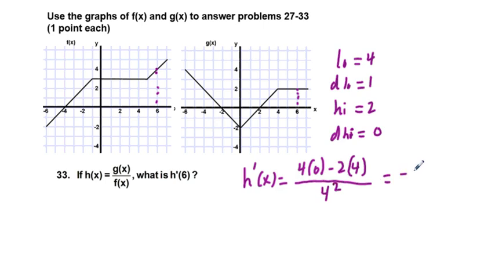So we have negative 2 over 16, which simplifies to negative 1/8. So negative 1/8 is our answer for this one. Let me box that in a little more legibly.